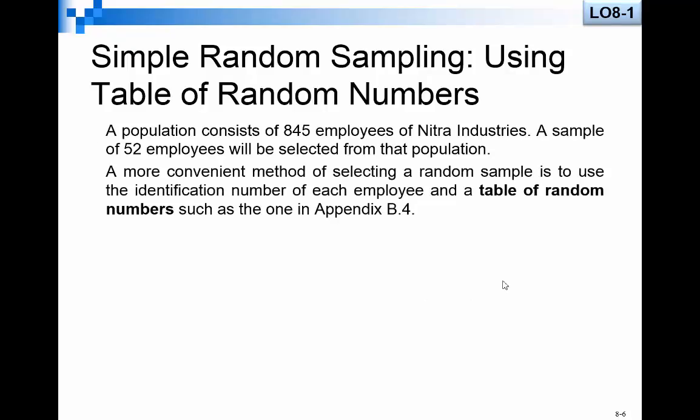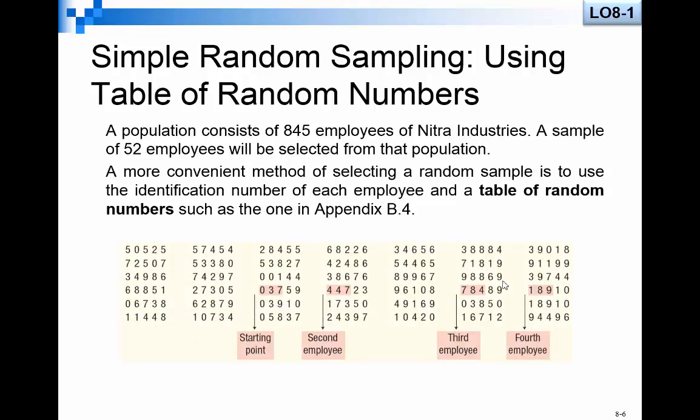Another way of obtaining a simple random sample is to use a table of random numbers. And you pick a starting point, and then you will consider that the number of the employee that you're selecting. So in a situation where we have 845, we could use sets of 3 numbers from the random sample. In this case, this is a table of random numbers, and we could randomly pick a starting point. So let's say we just randomly decided to start here.